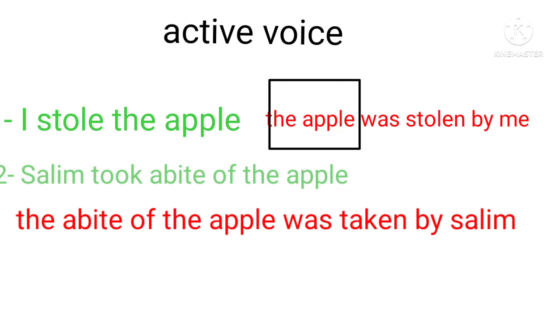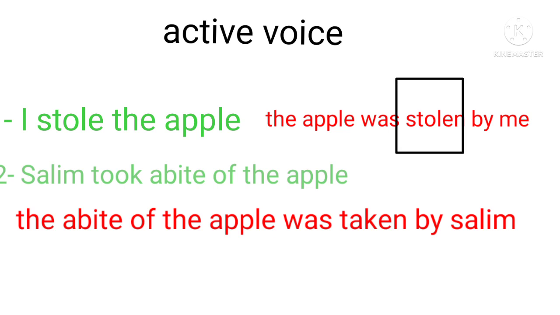The second step, what do we do? We add the be verb. We add the past tense of the be verb. What? Was, because this is the past tense of be. And the past participle of the verb. We add the past participle of the verb stole, stolen.